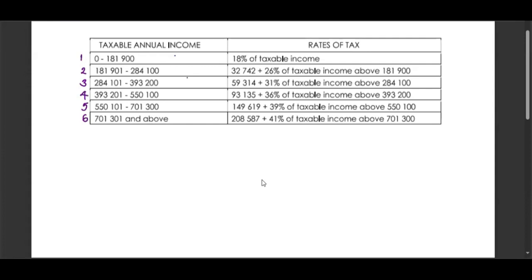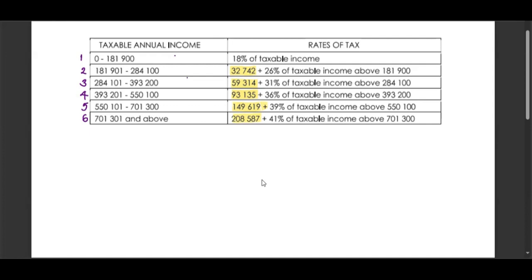Now, these brackets, when you look at them critically, the side of rates of tax, they have these numbers that start the equation. You might be asked to show how these numbers were determined. All right.